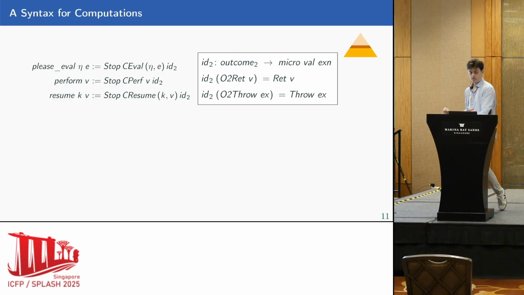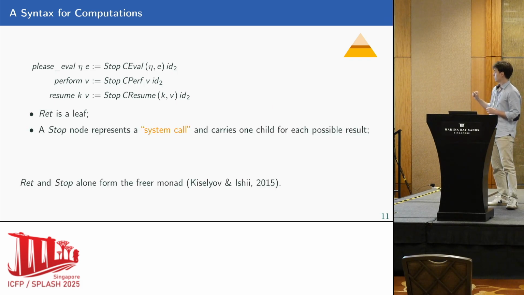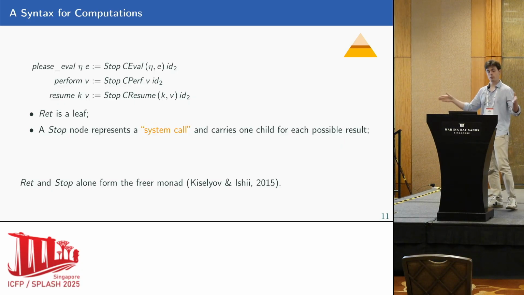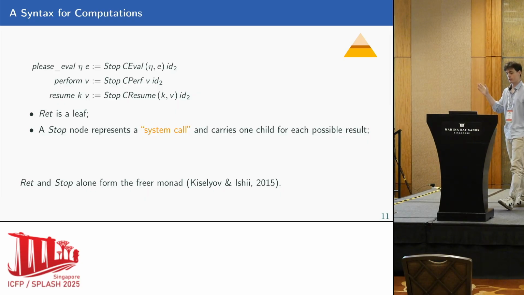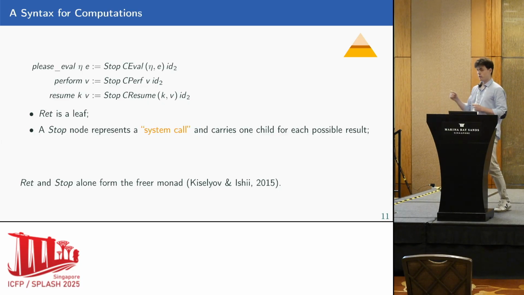In practice, this is actually just the Freer monad, right? They use different names in their paper, but we have this parameterized Stop, which allows us to do arbitrary effects. And then in our computation trees, Ret ends up being a leaf. Now, this is not all we need. We need more than just the Freer monad. And what I'll introduce next are more structural constructors.